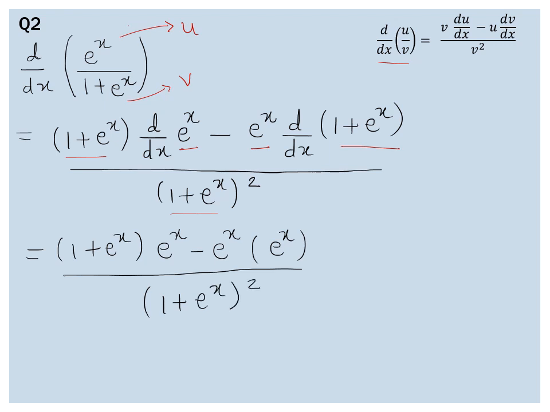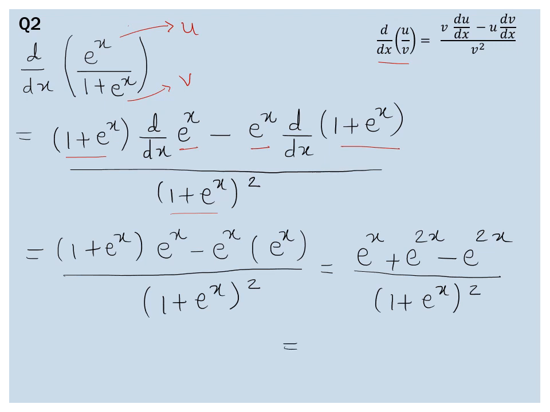Simplifying this further, it comes out to be e to the power x plus e to the power 2x minus e to the power 2x, and whole divided by 1 plus e to the power x whole square. So simplifying, the result comes out to be e to the power x upon 1 plus e to the power x whole square.